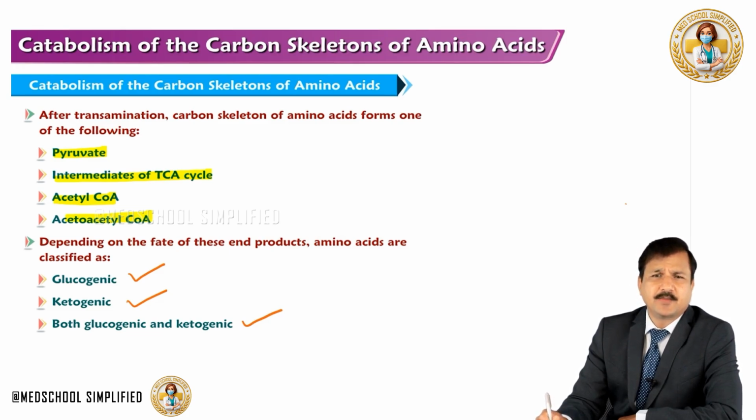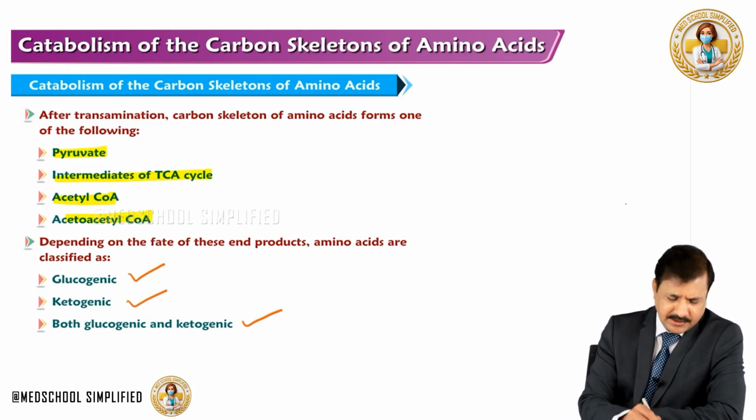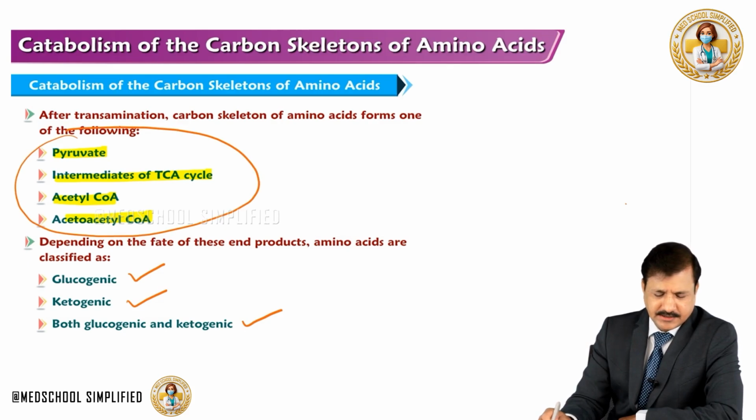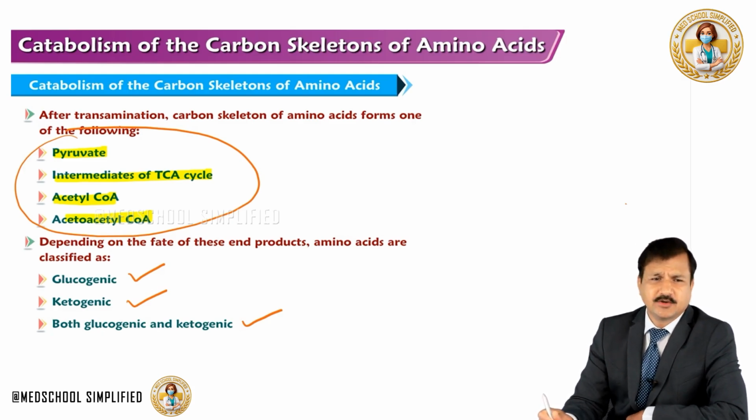Let's look at the list of amino acids that make glucose, the ones that make ketone bodies, and those that make both.